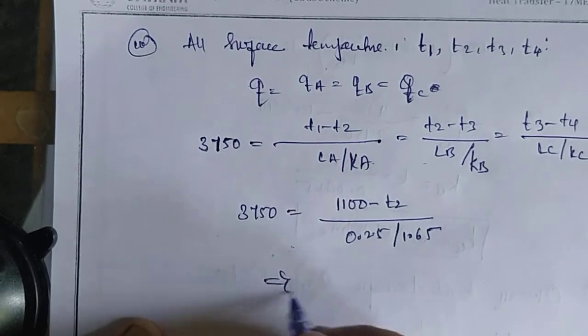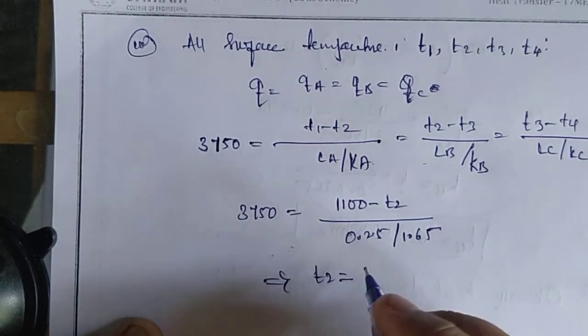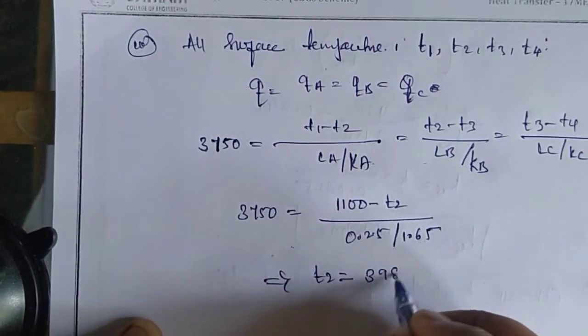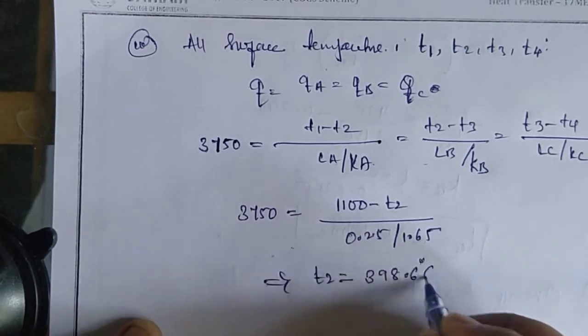So we get the unknown T2, how much? 398.6 degree centigrade.